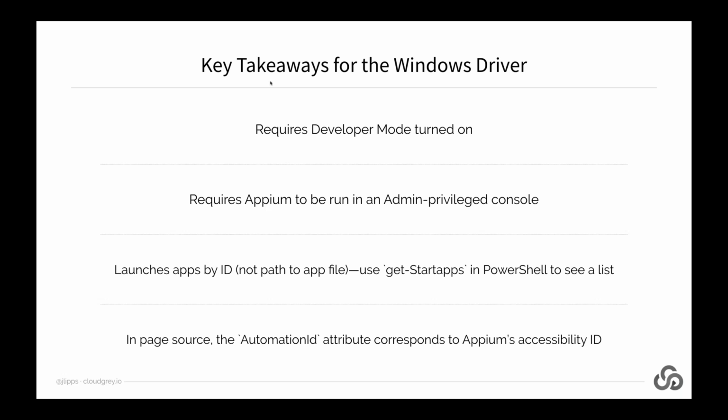So I found this command that you can run in PowerShell called get start apps, and it will list all of the apps that are available and each of their IDs. If you want to automate a particular application, run this command and then look for it in the list, and you can get its ID. As far as I know, these IDs, especially for Windows applications, are the same across all Windows installs.